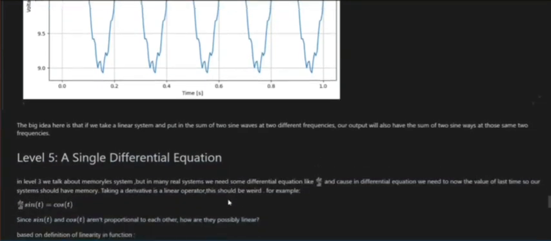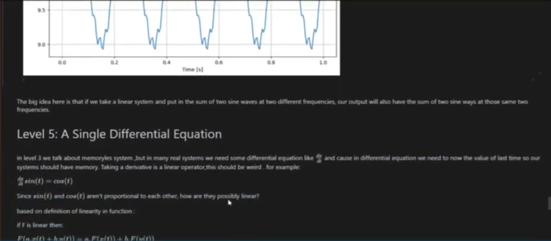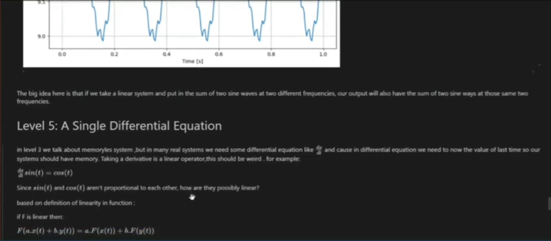Level 5. Let's talk about memory. Up until now, we've assumed memoryless systems, but real-world systems often depend on their past states. For example, if you are modeling a capacitor in a circuit, you will need to use differential equations.